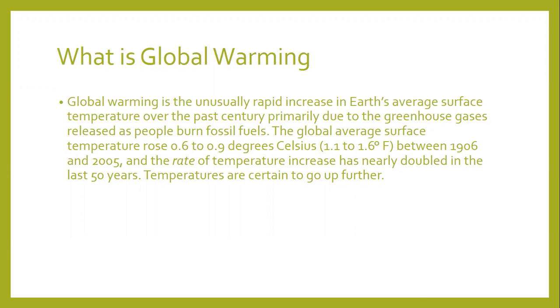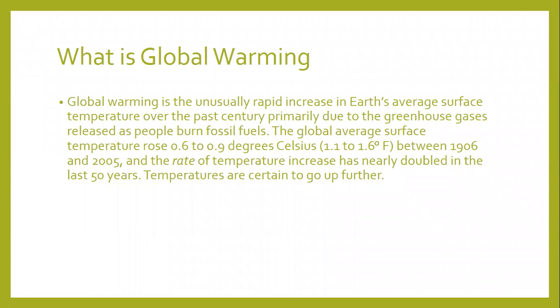The global average surface temperature rose 0.6 to 0.9 degrees Celsius, also known as 1.1 to 1.6 degrees Fahrenheit, between 1906 and 2005. And the rate of temperature increase has nearly doubled in the last 50 years. Temperatures are certain to go up further.